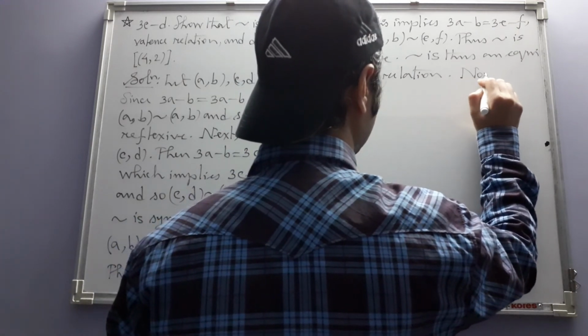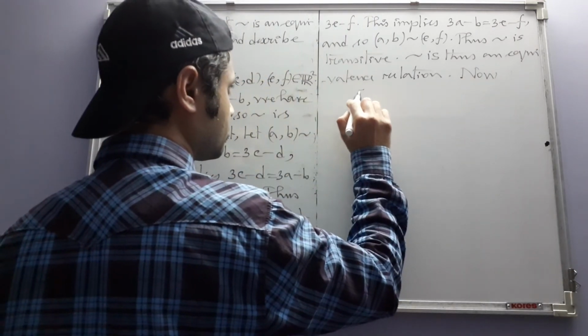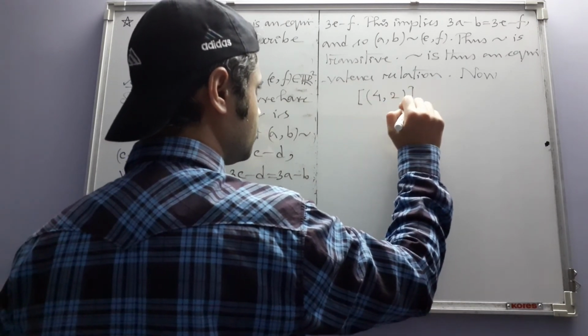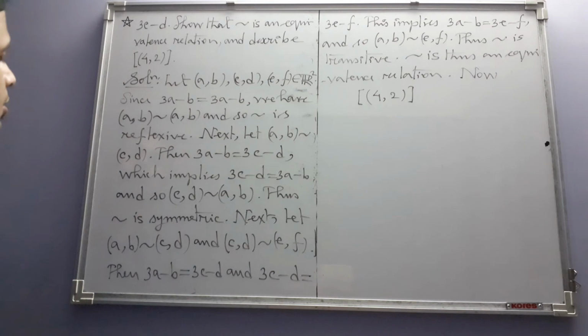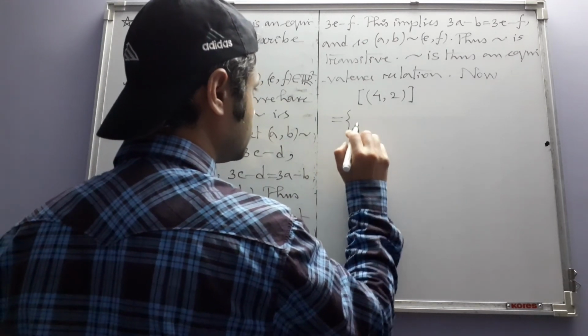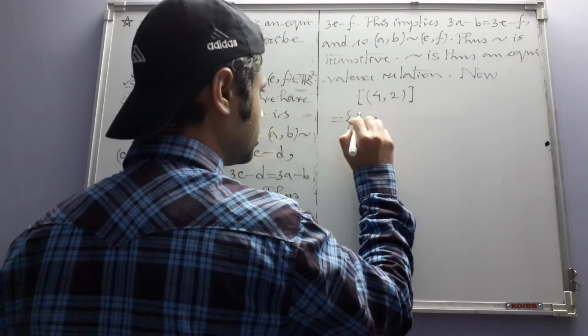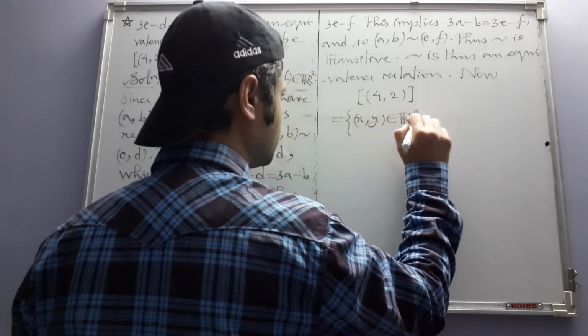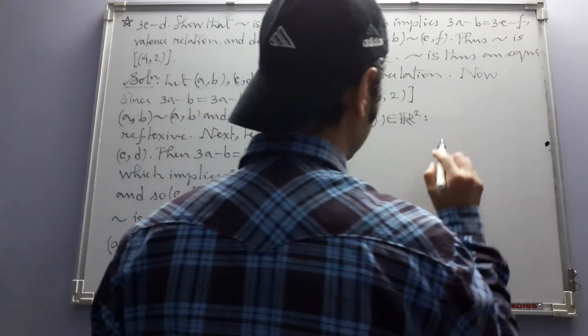Now, the class containing the point 4, 2 is the set of all points in the plane that are related to 4, 2.